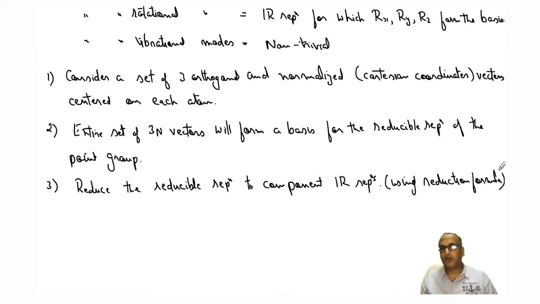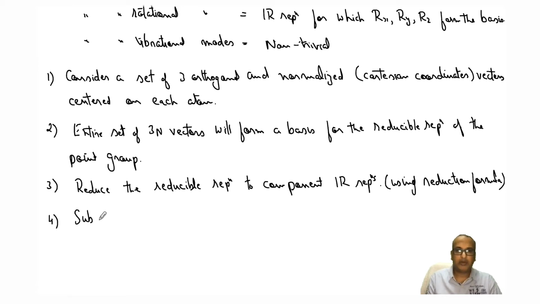So now I will not go through all the calculations. I will just tell you how to do it step by step, and we'll look at the answer. I expect you now do the calculations at home using different molecules. Okay. Now, after you reduce, you have got a total set of IR representations which are basically the symmetry of the full normal modes, all the normal modes.